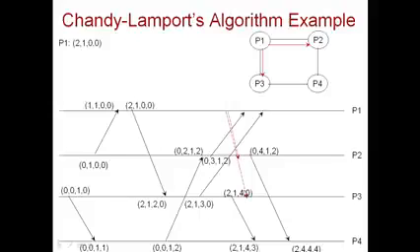So P2 and P3 have not yet recorded their local state, so they will record their local state, as well as record the state of the incoming channel as empty. So now let's look at how P2 records its local state. For P2, 0312 is the time at this point.